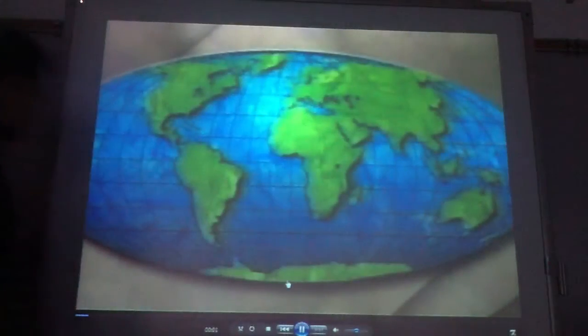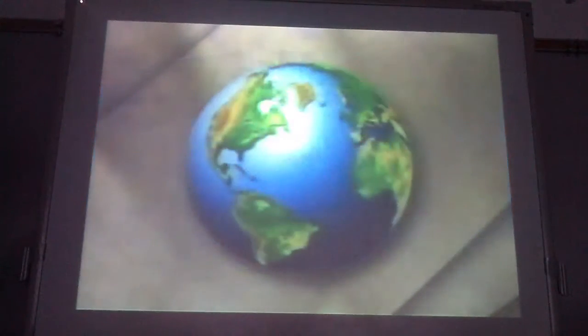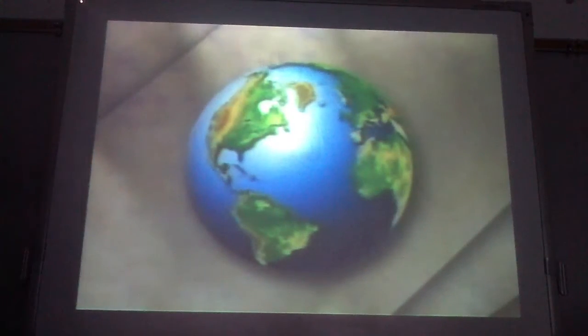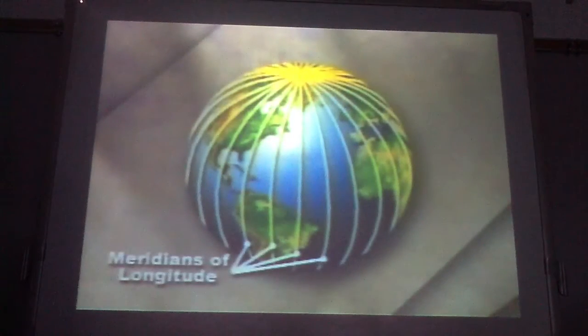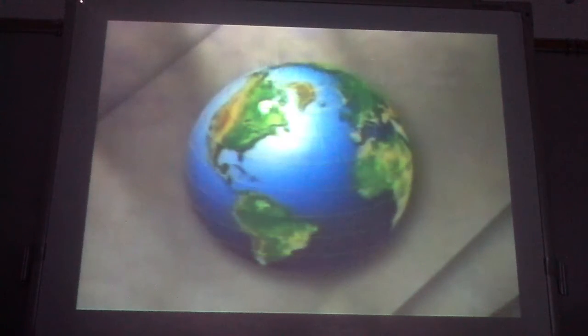We've already seen that the most important map grid is the geographic grid, the one used on globes, which is made up of latitudinal and longitudinal lines expressed as meridians and parallels. Using this grid system, every place on the Earth can be pinpointed exactly. In fact, every place on the planet has a global address.